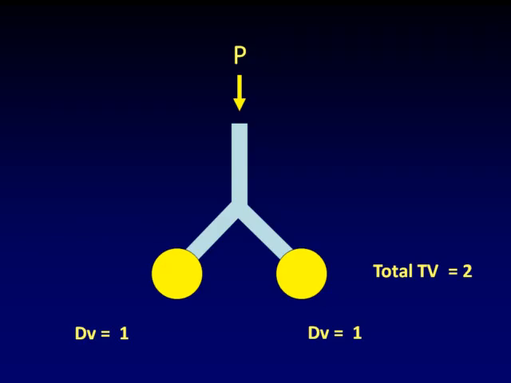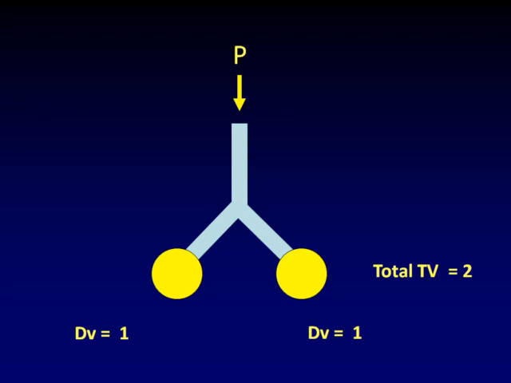If I have a single lung unit and I apply pressure to it, it will change volume. It will change volume by 1 unit. If I now add another lung unit and I apply the same pressure, this second unit too will change by the same amount of volume as the first one.